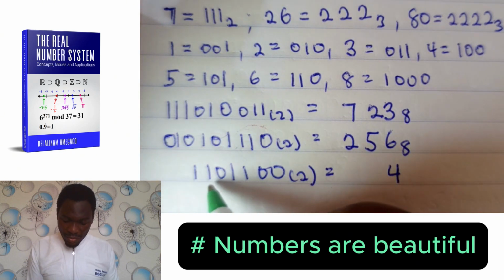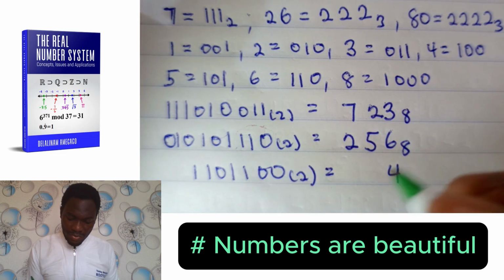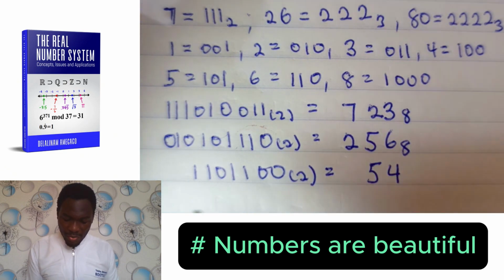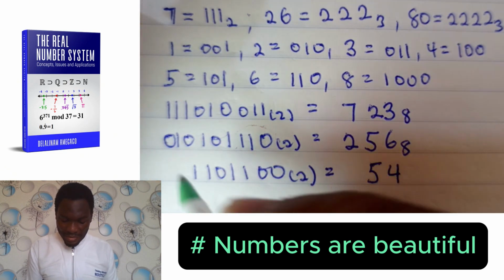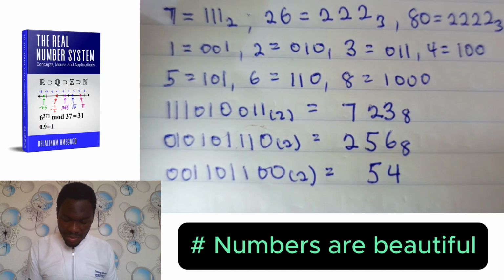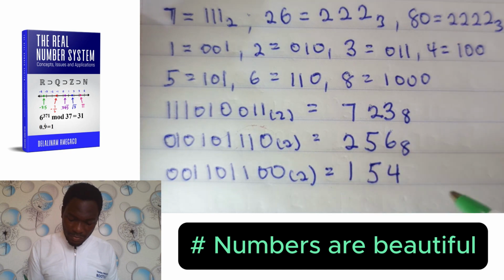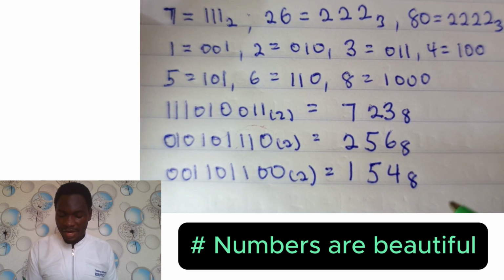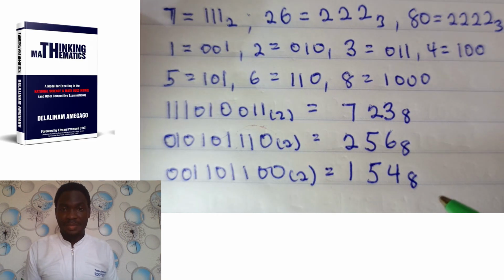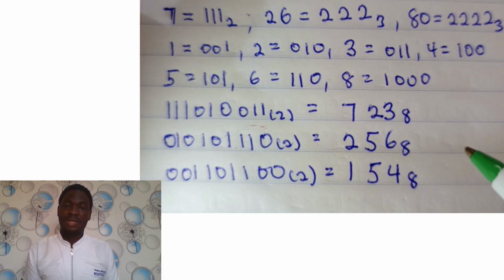Then we move 1, 0, 1, that is 5. Then we are left with 1, so we can just see this as 0, 0, 1, and that is the same as 1 again in base 8. So this number is 154 base 8. You can just imagine that we can convert from base 2 to base 4, and that will even be easier. We can as well convert from base 3 to base 9.